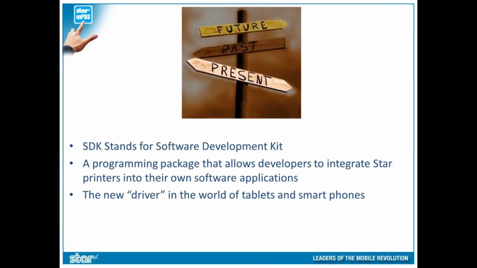What is it? It's a software development kit. In essence, it's just a package that allows a developer to get all of our printers and integrate it into their own software applications. In essence, it's hard-coded inside of the program itself. In layman's terms, it's a driver in the new world of tablets and smartphones, so to speak.